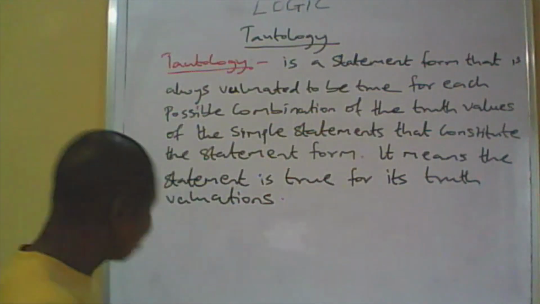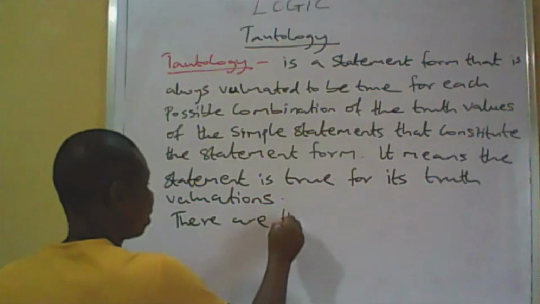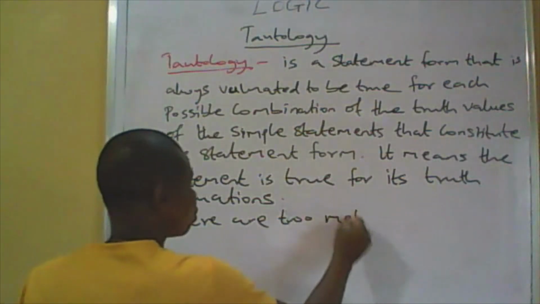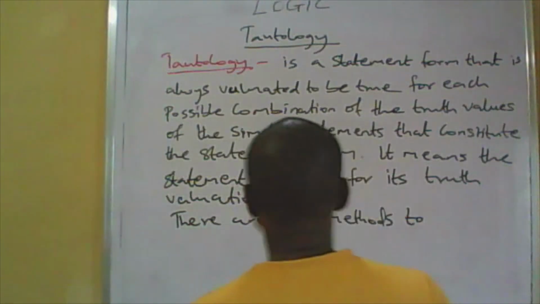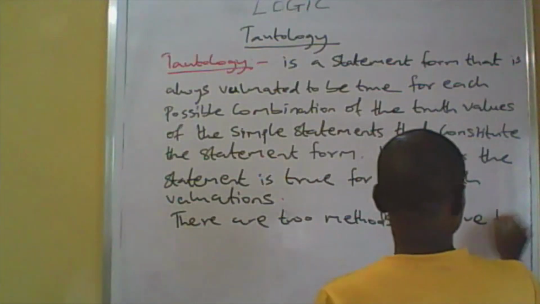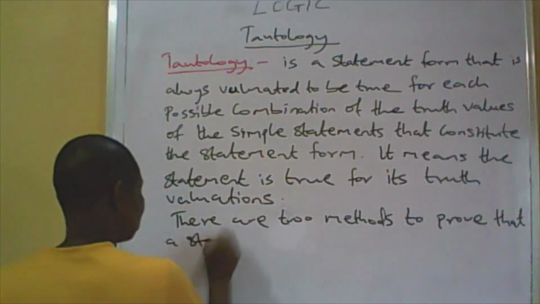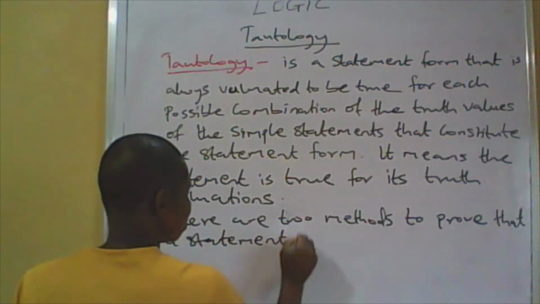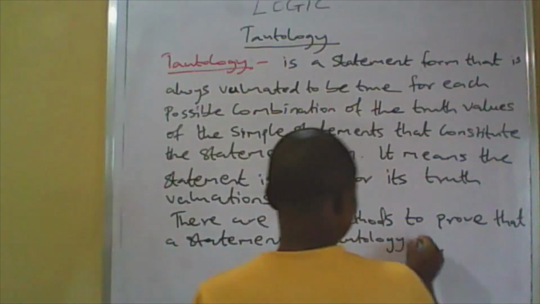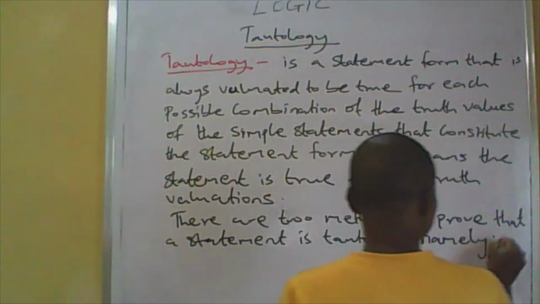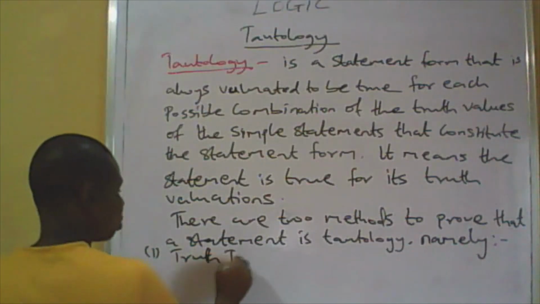Then we say that there are two methods to prove that a statement is a tautology. Namely, one, truth table.